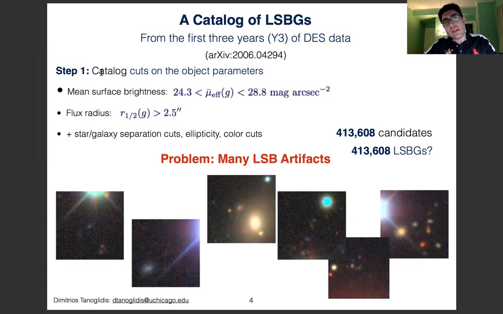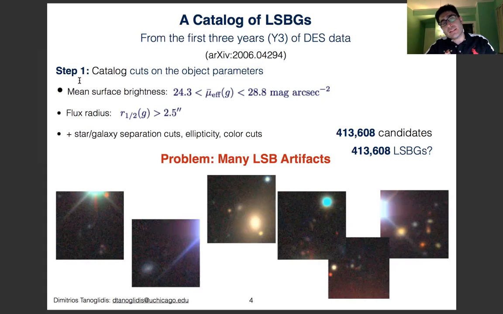So we started by performing some selection cuts on the total DES catalog of the 300 million objects. The 2 most important cut criteria were on the mean surface brightness, so we selected faint objects.